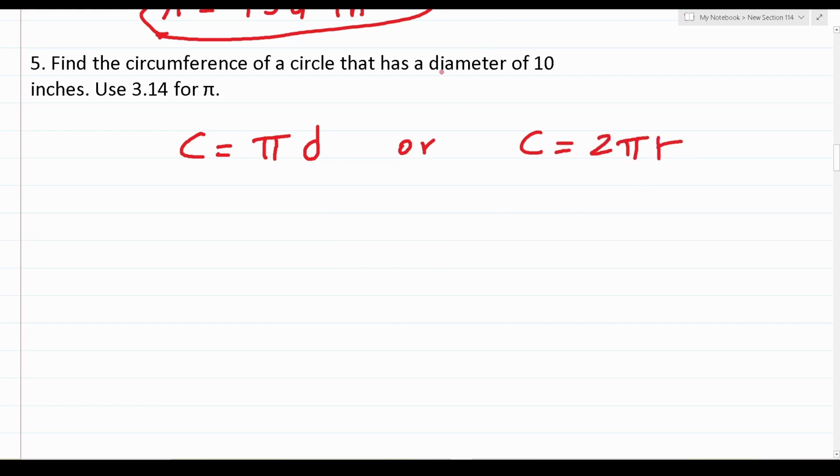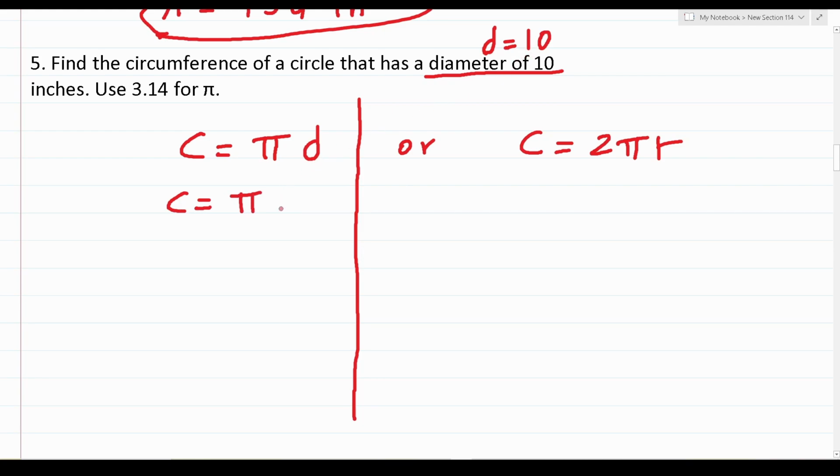Well, in this case, we were given the diameter, so we know d in this case is 10. So let's go ahead and use this formula. We know circumference is going to be pi times, again, the problem told us d was 10, so this becomes pi times 10. And of course, it told us to approximate pi using 3.14, so this becomes 3.14 times 10.